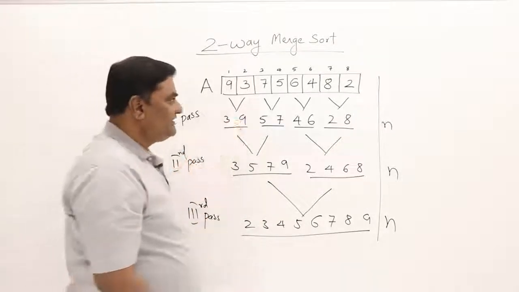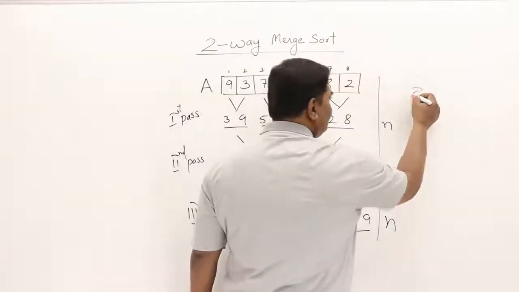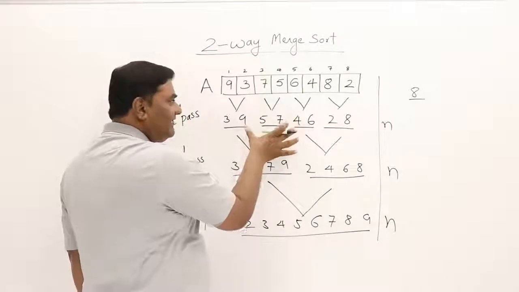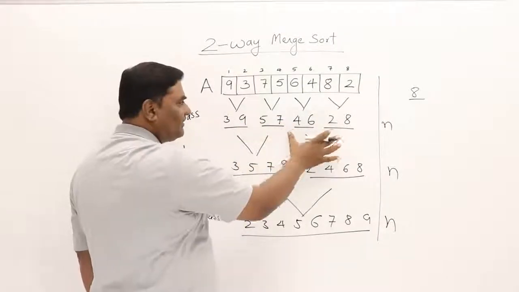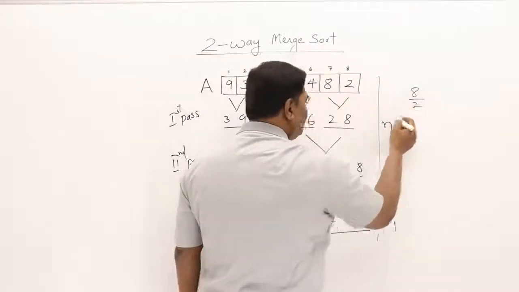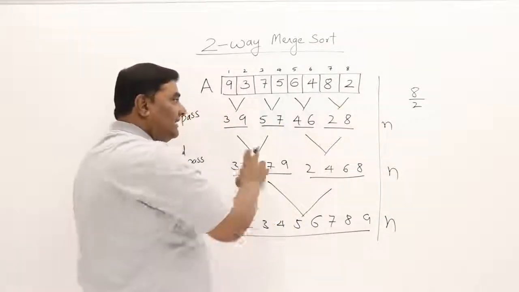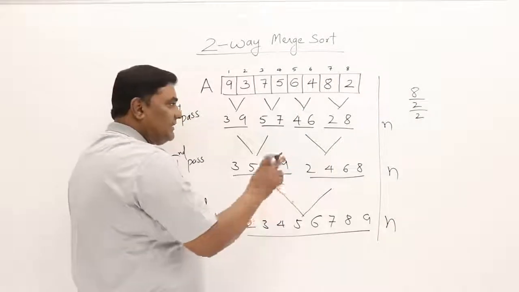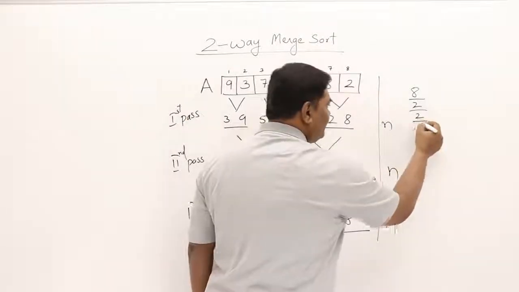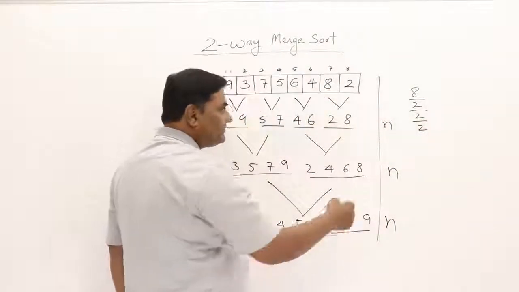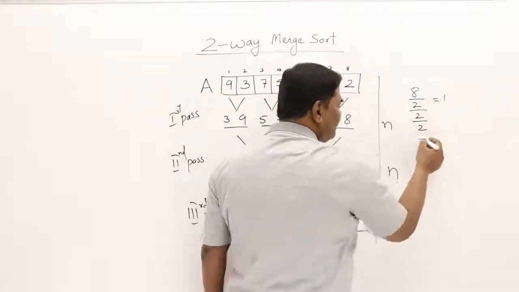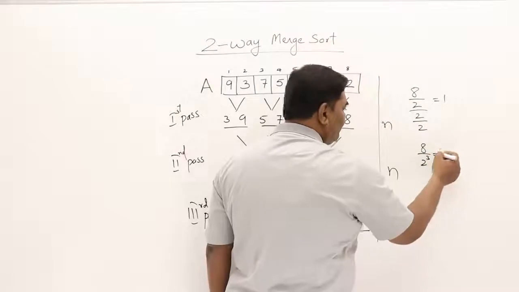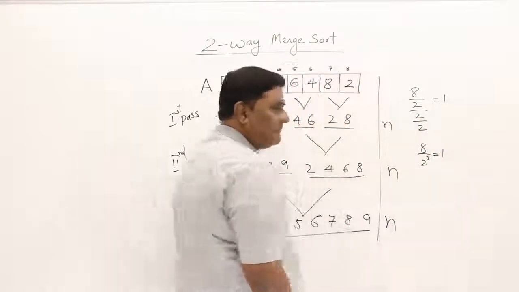So if you see this one, 8 elements were there, 8 lists were there. They are divided by 2 and we got 4 lists. Again they are divided by 2, then we got 2 lists. Again that 2 is divided by 2, so we got 1 list. So finally this is 1. So 8 divided by 2 raised to 3 is becoming 1 list.